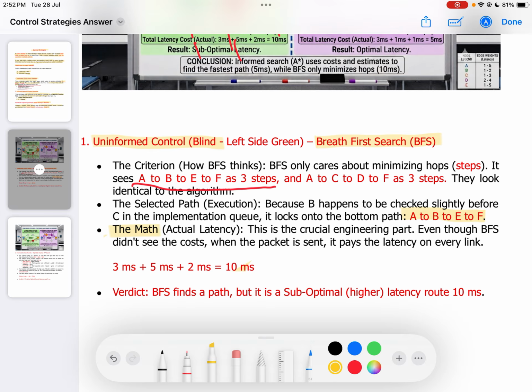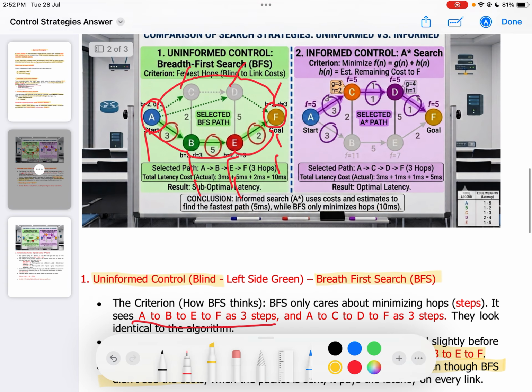But the actual latency, the actual time taken using this route, is different, because it didn't look at the cost of the path. That's where the difference is. Here it is 3 plus 5 plus 2.